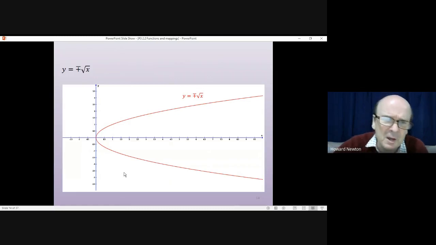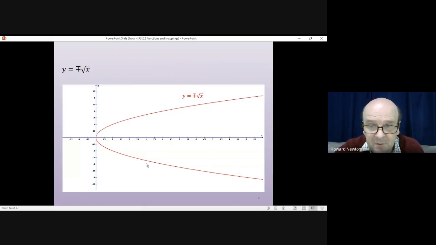Now, if you draw the graph of y equals plus or minus root x, we had it just now. One way to tell if you have a function is to consider drawing a vertical line through the graph. If a vertical line can cut the graph in more than one place, you do not have a function, because you're having two possible outputs for one possible input.